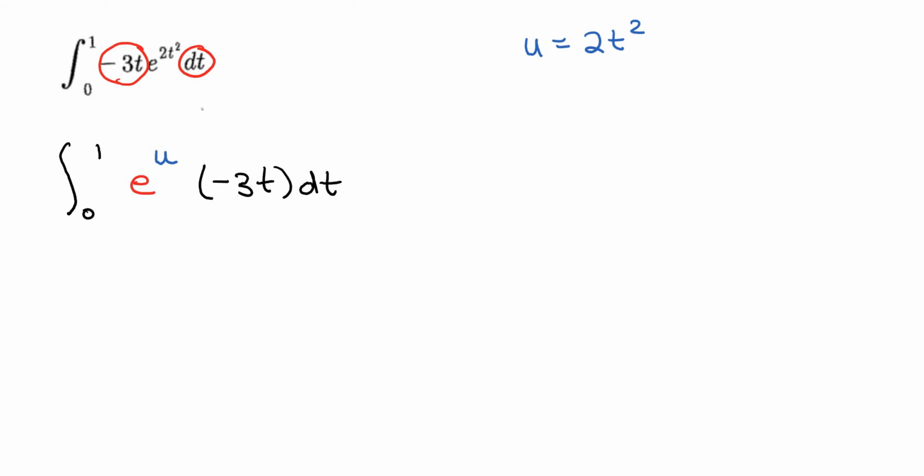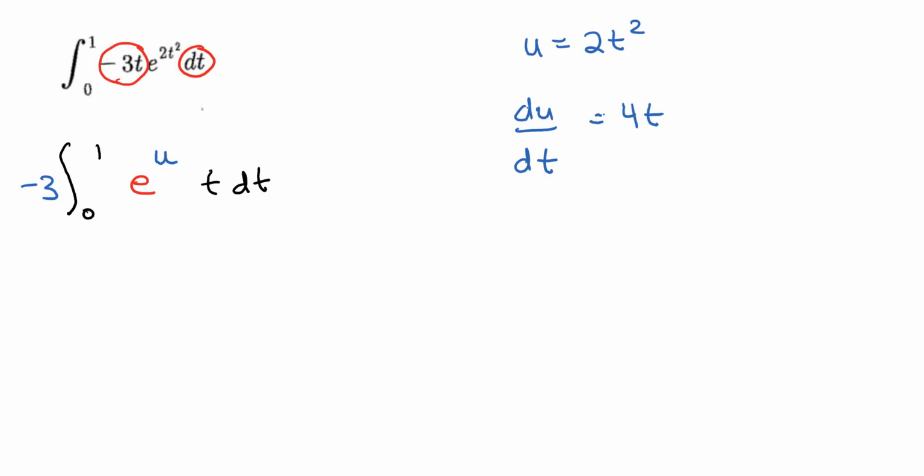Okay, let's keep on going here. Let's go ahead and find my derivative here. And my derivative is going to be, sorry, it's not dx, it's actually dt. My derivative with respect to t, which is going to be 4t. Okay, and I guess I have to do a little bit more work with my original problem here. So this -3 right here, let's just move that to the front. So that's going to be -3. And let's take the t and the dt, and move that to the side now.